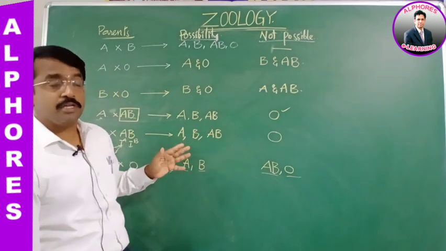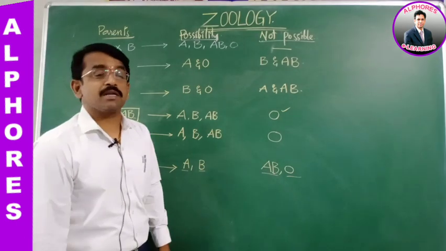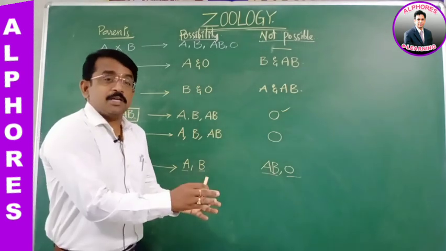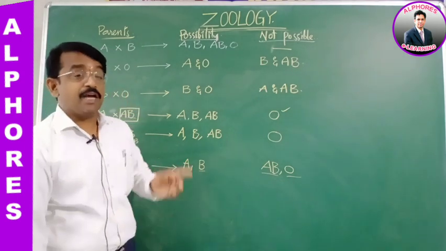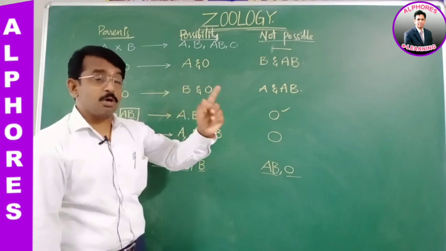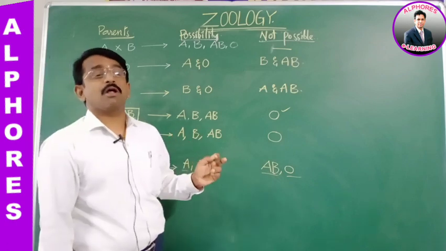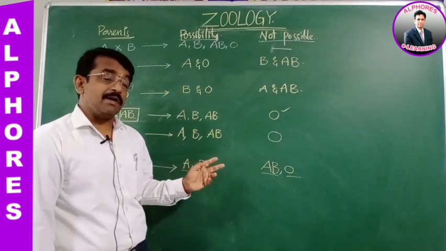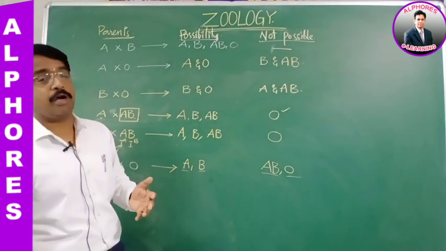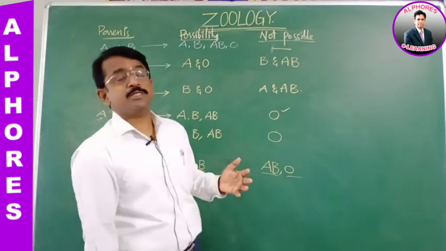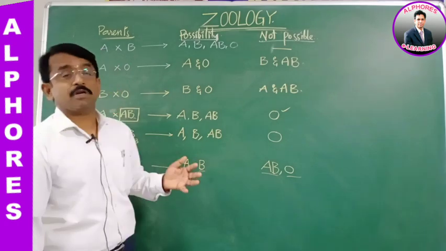So HDN, erythroblastosis fetalis, is the consequence of genetic incompatibility in the fetus, as the fetus is RH positive and the mother is RH negative, and it is an alloimmune disorder. As I already told you, alloimmune means an immune system disorder between the same species but different individuals. As we have seen, one more example is autoimmune disorder, and the probabilities of the progeny produced and the number of genotypes we have seen.